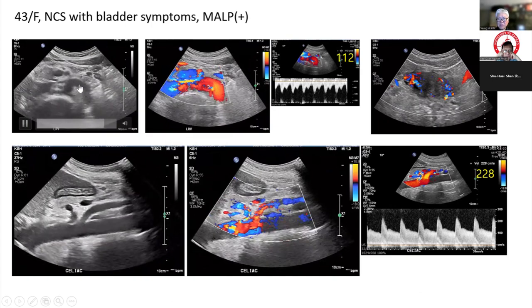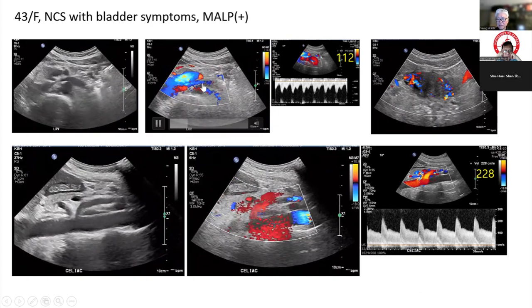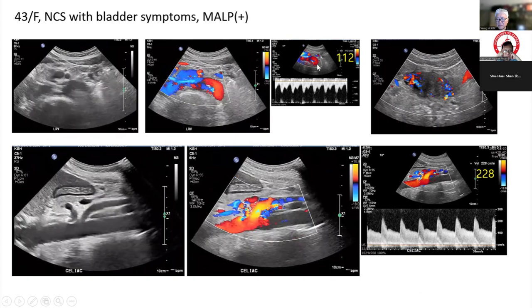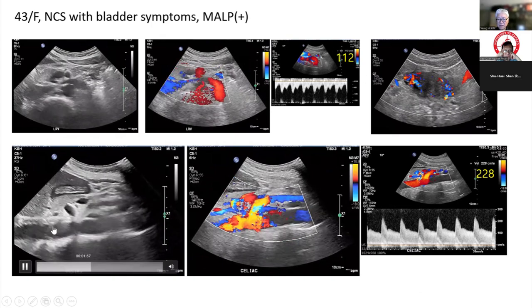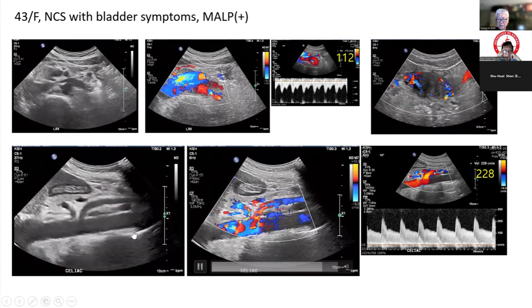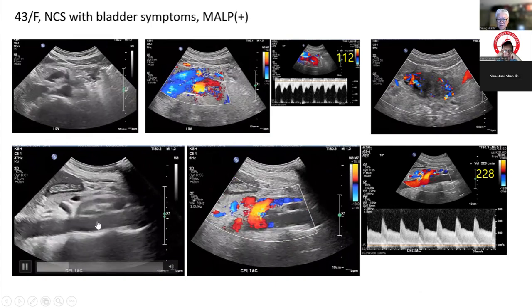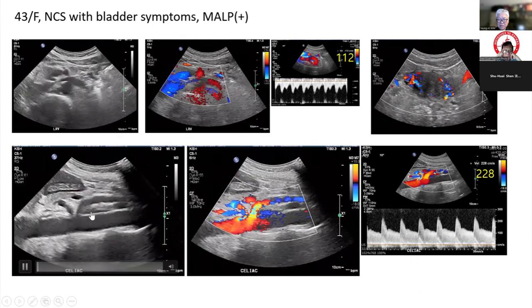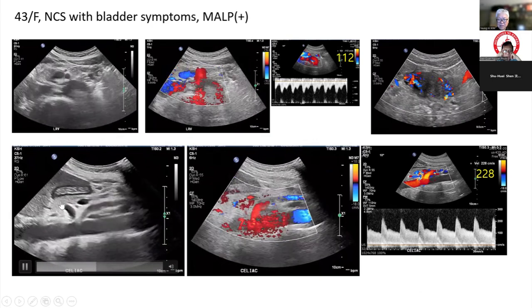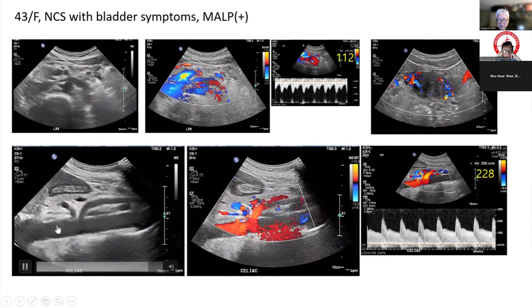She has a nutcracker here, grayscale and color Doppler, and this is a peak flow velocity, and she had a pelvic congestion. And this is a sagittal plane ultrasound of the abdominal aorta, and this is the superior mesenteric artery, and this is the left renal vein, and this is a celiac artery.